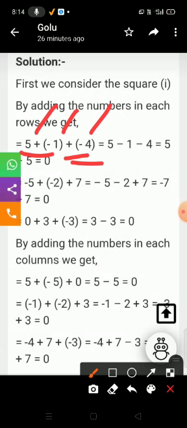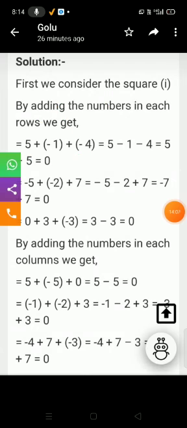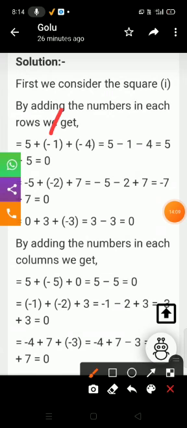Plus and minus, plus minus means we put a minus sign, and again plus minus means we put a minus sign. Clear?